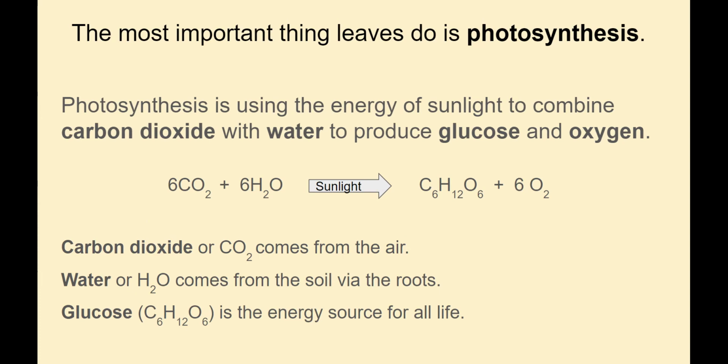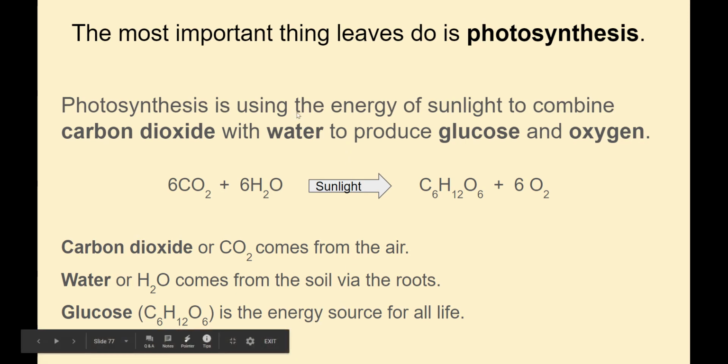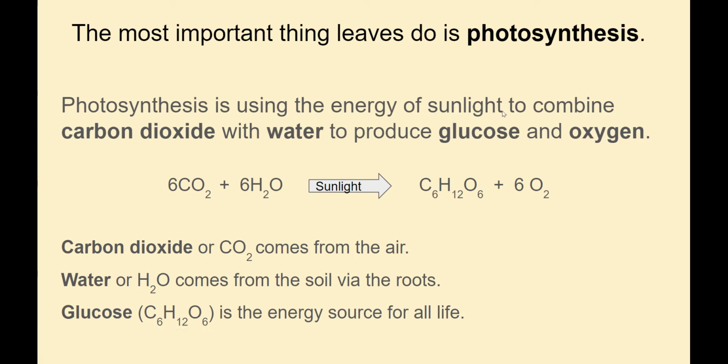Now, I don't want to overcomplicate this, but photosynthesis is really called the most important chemical reaction on Earth, and it's extremely important to all life. And photosynthesis is a process whereby the leaf uses the sunlight, the energy in the sunlight.